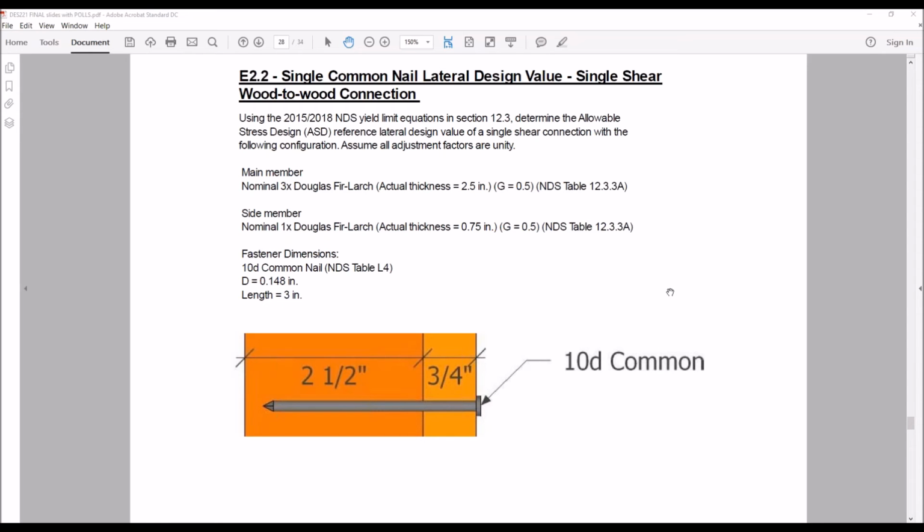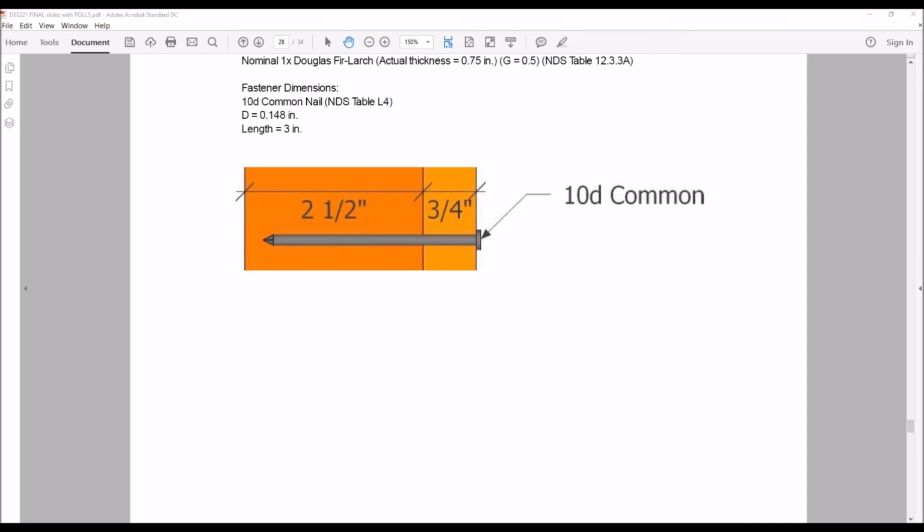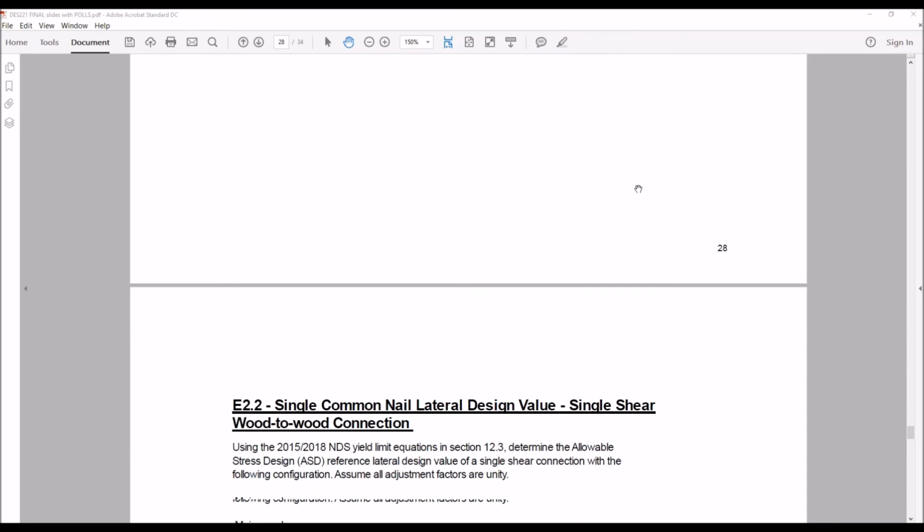We're going to use allowable stress design as our assumed design methodology, and we're going to try to compute, we're not going to try, we do or do not, there is no try. We're definitely going to compute the reference design value.